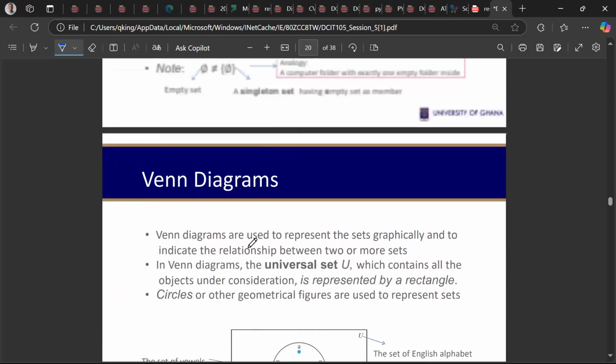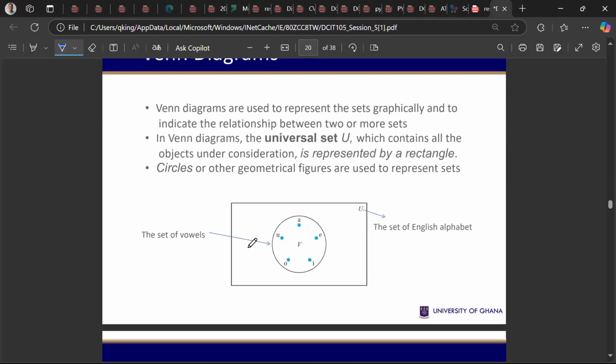And so we want to look at Venn diagrams. Venn diagrams are used to represent sets graphically and to indicate the relationship between two or more sets. In Venn diagrams, the universal set is mostly denoted by U. It contains all the objects under consideration, and it is mostly represented by a triangle.